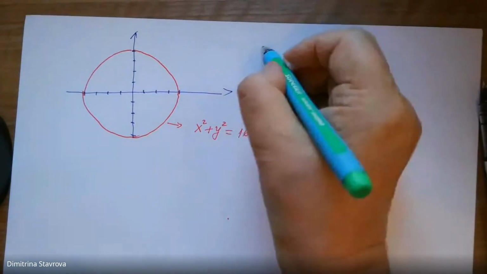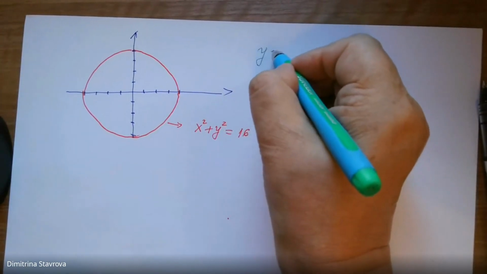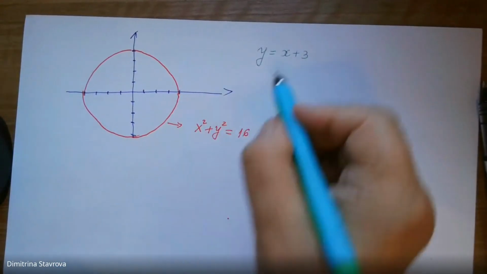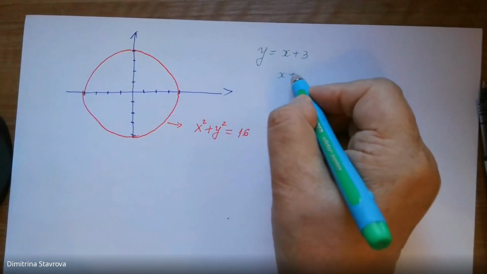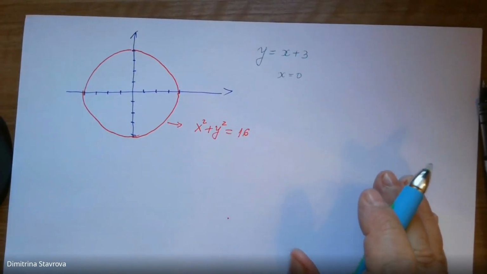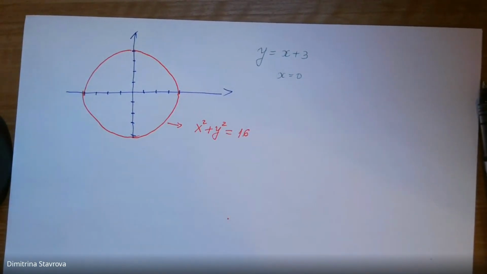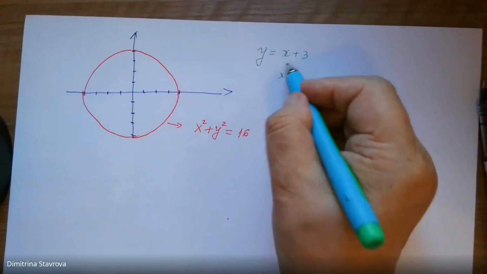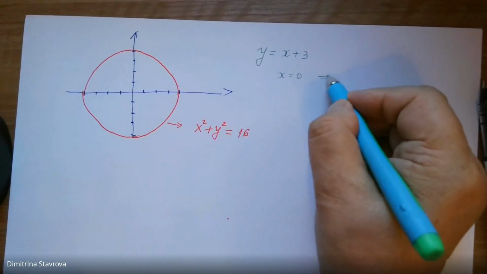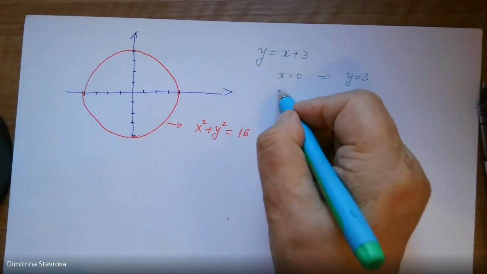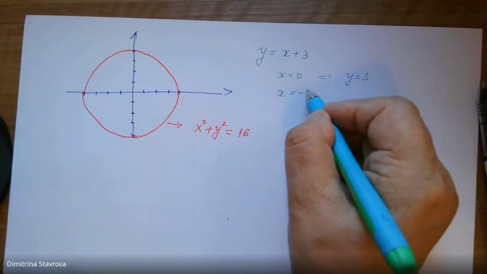And let us look at how the line y equals x plus 3 will look. We know that a line is completely determined when we have 2 points through which it passes. We put x equals 0 and we get y equals 3, and then we put y equals 0 and we get x equals negative 3.